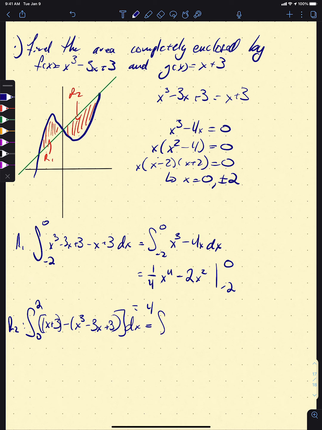This is going to simplify to the integral from 0 to 2 of minus x cubed plus 4x dx, okay? Which is going to come out to minus 1/4 x to the 4th, and then plus 2x, evaluated between 0 and 2. And this, funnily enough, is also going to come out to 4, which means our total area is 8.